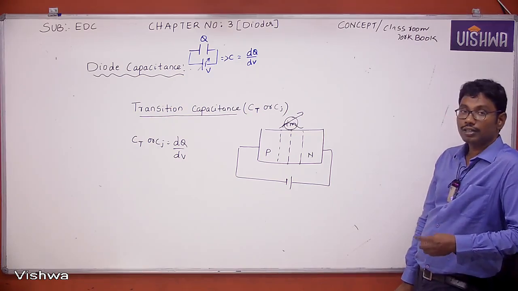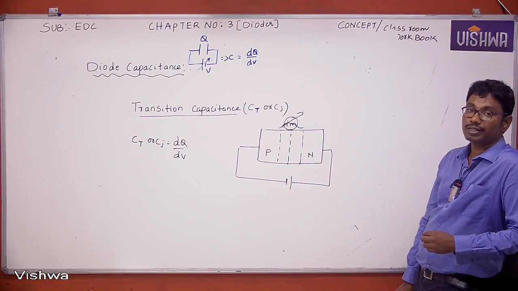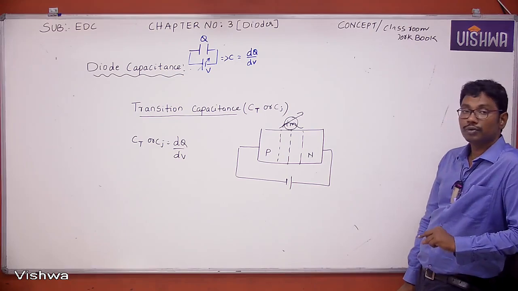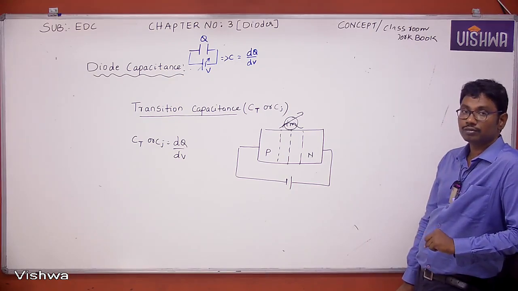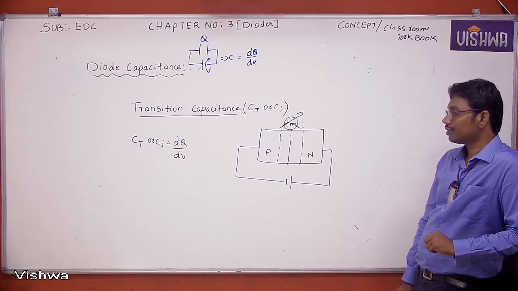Next point. This immobile charge is varied with respect to the applied reverse voltage.